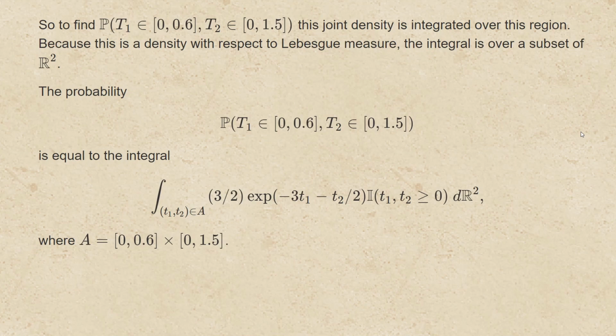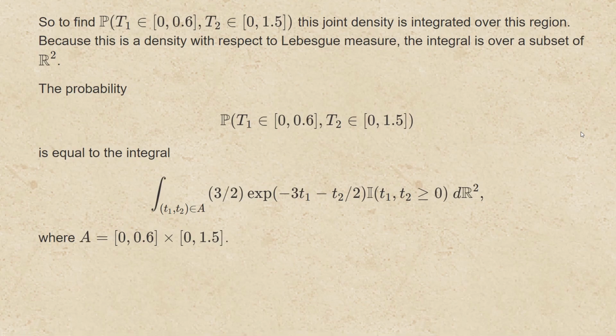Because this is a density with respect to Lebesgue measure, the integral is over a subset of R squared. The probability is equal to the integral over (t1, t2) in A of this density with respect to two-dimensional real space, where A is the Cartesian product [0, 0.6] times [0, 1.5].